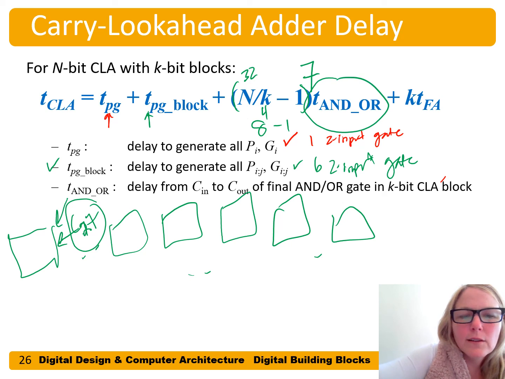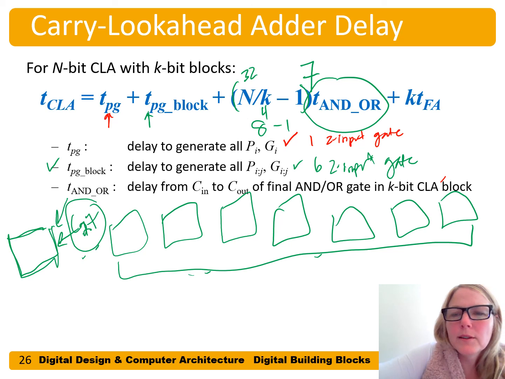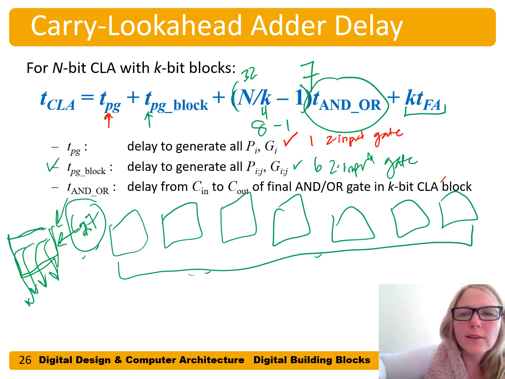So it's going to go through 7 of those, 1, 2, 3, 4, 5, 6, 7. And finally, when it gets to that last block, the critical path is going to be through our full adders. So we're going to have k full adders as we ripple through those last 4 adders and generate the sum.